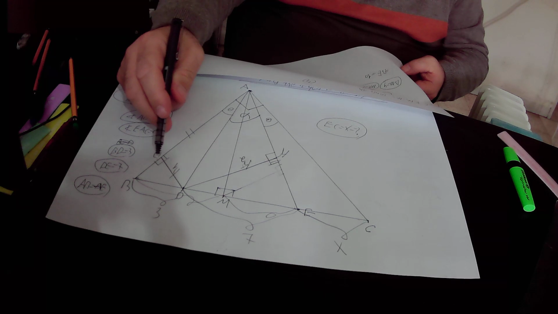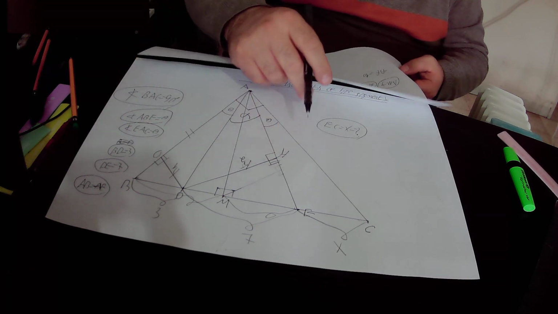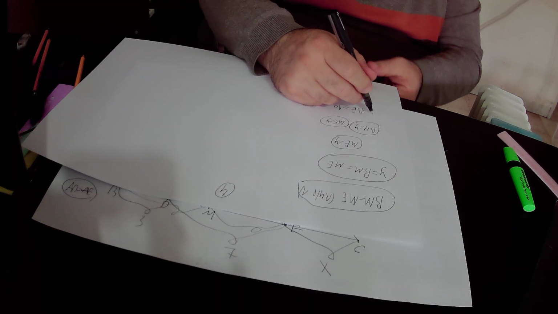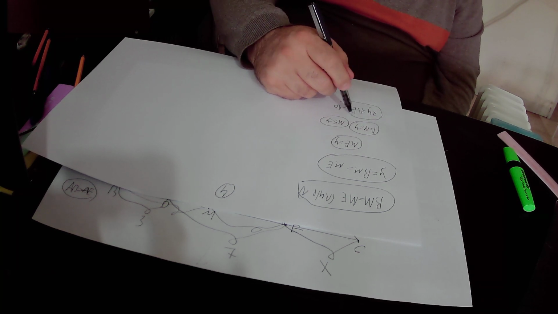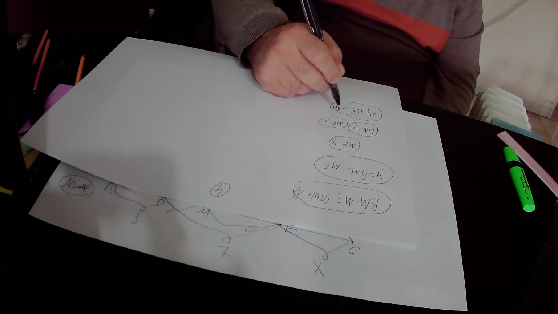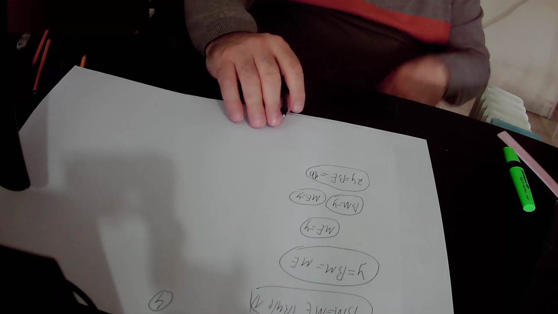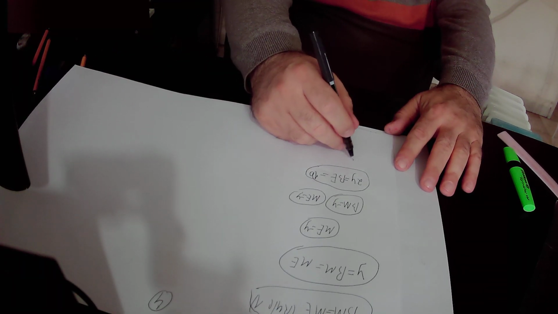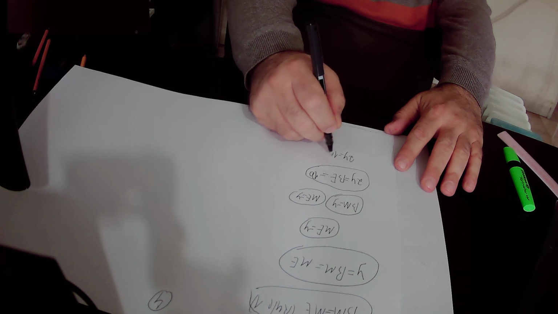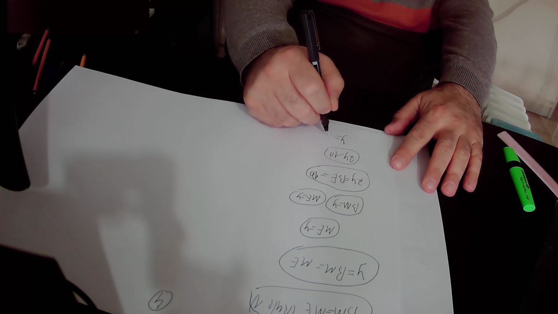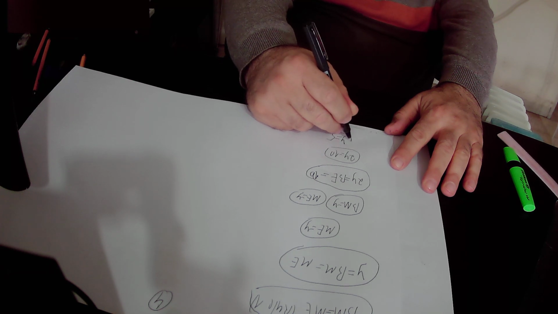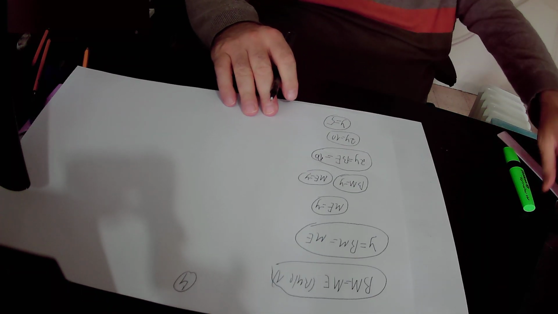That is to say BE equals Y plus Y, that is 2Y. So 2Y equals 10. We divide this equation by 2, and we get that Y equals 10 over 2, which is 5. Y equals 5 units.